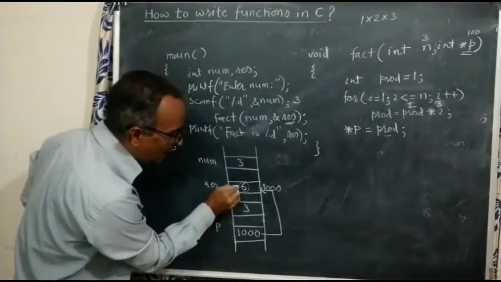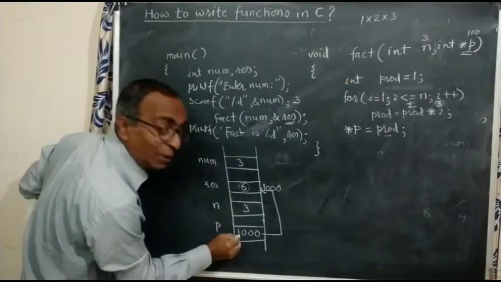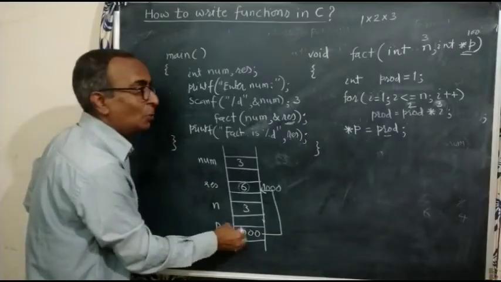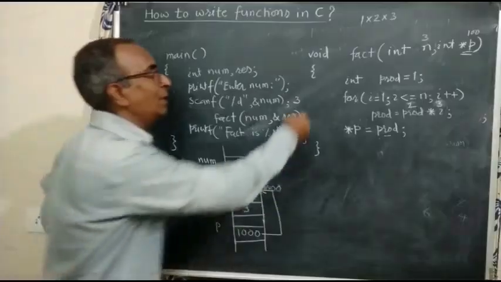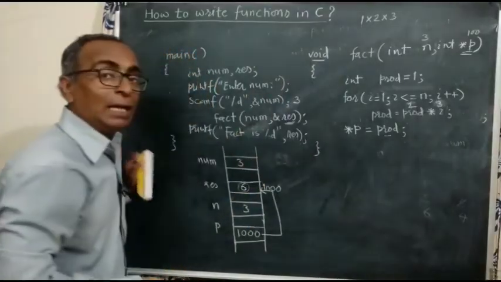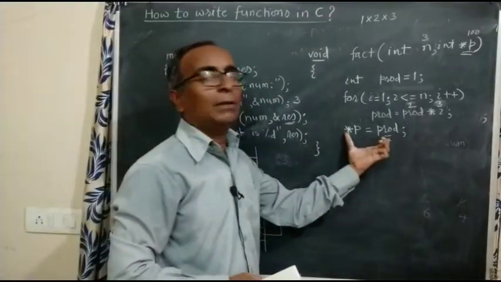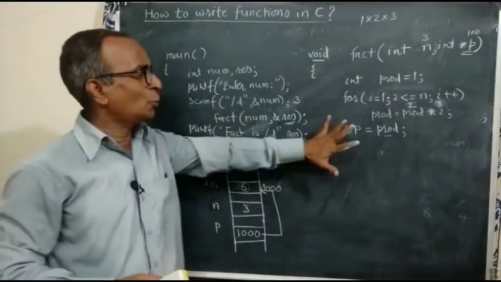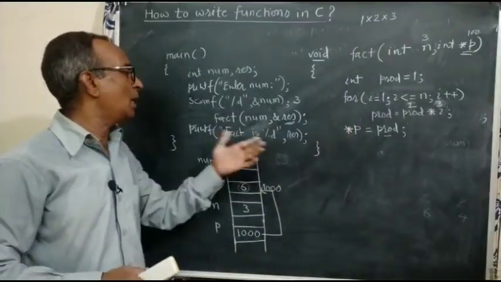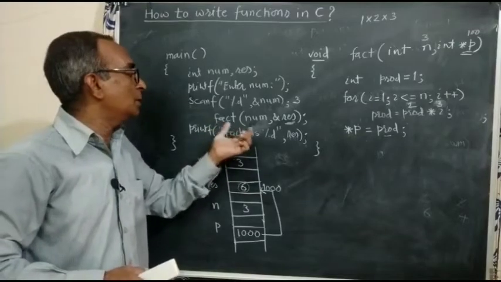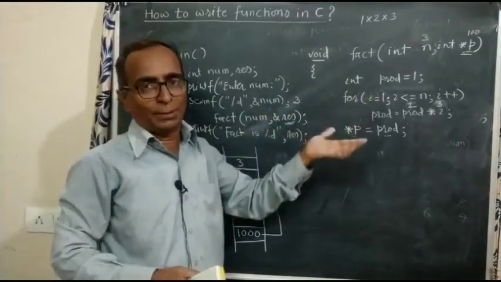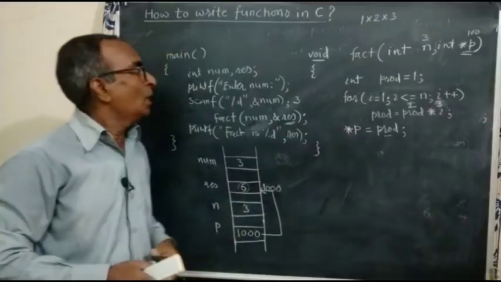That function is accessing this memory indirectly through a pointer variable. So this is by reference also, without returning explicitly. Implicitly you can return that. This I have shown as an example of how we can write a function by call by reference, right?